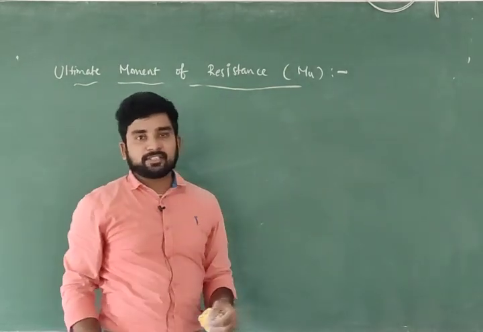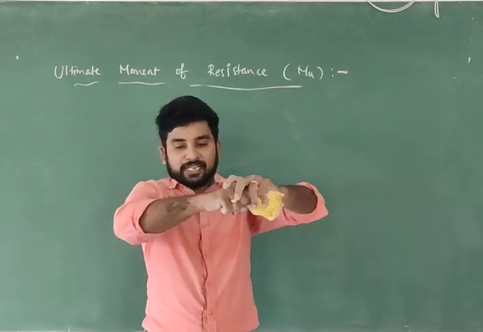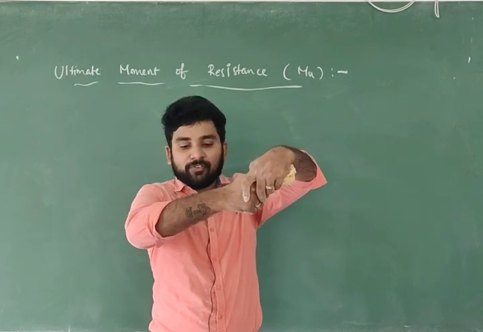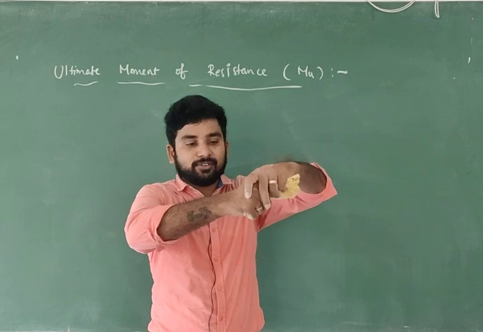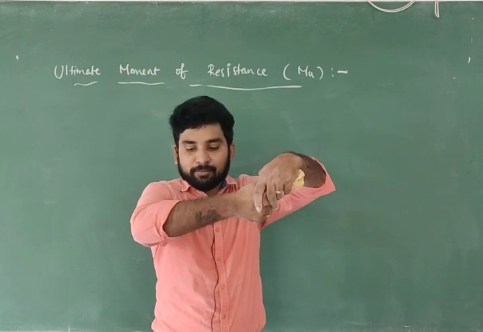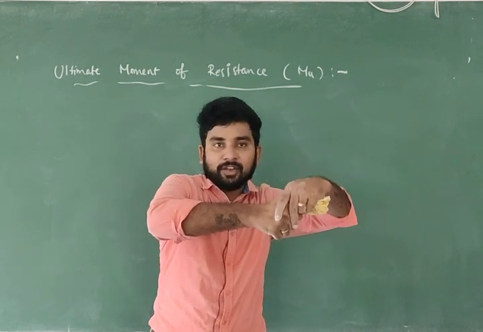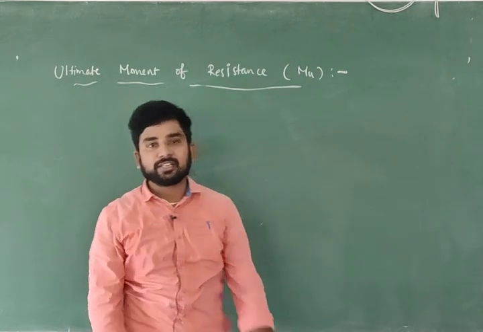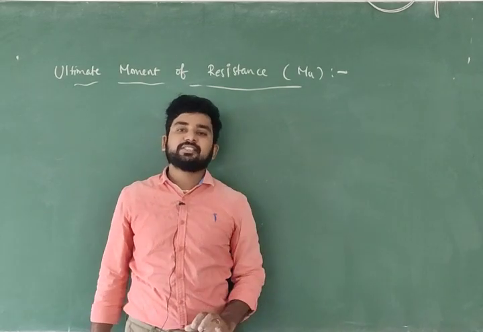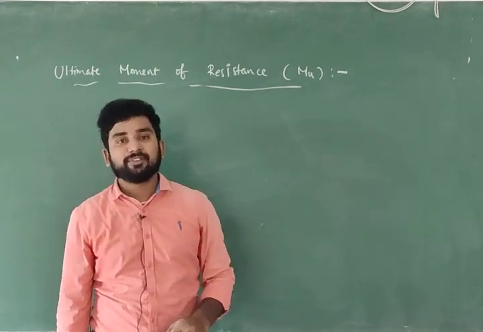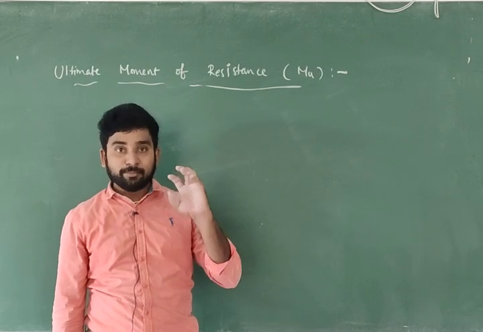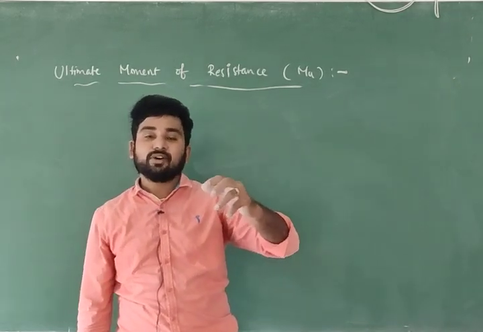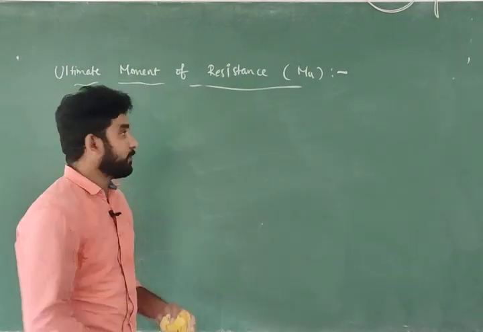What is moment of resistance? When an external load is acting, the member will offer some resistance. It will try to twist like this, but my hand tries to avoid the twisting. It is nothing but the resistance being offered. How much resistance is offered by your member, you should determine, because based on the external load, how much moment of resistance my member offers is very important.